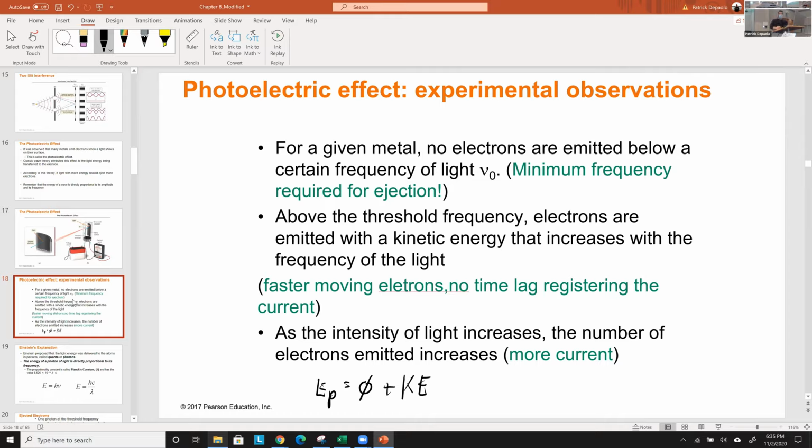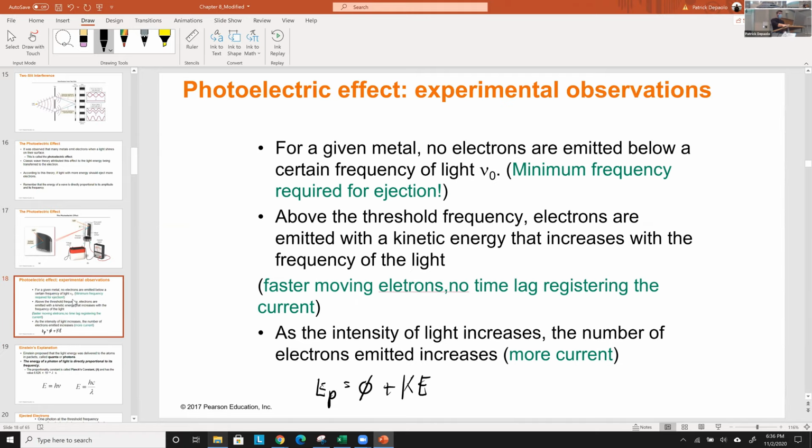Then all the additional energy will be converted to kinetic energy of the electron to give it energy to leave. That's what the photoelectric effect is. And you're going to have to do calculations with that. We'll do an example in a couple of slides.